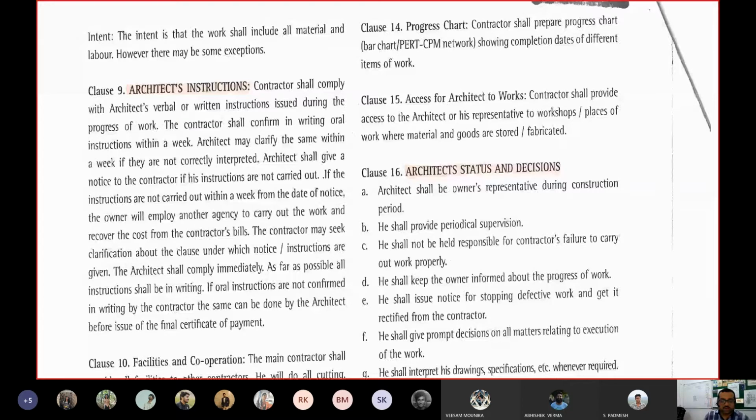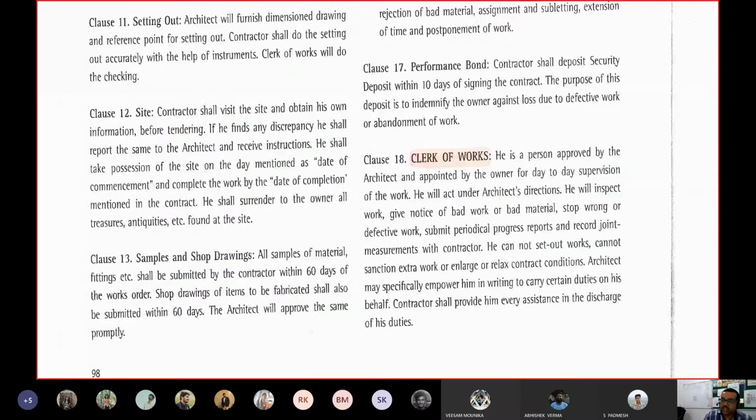From tomorrow to a maximum of 60 days, the contractor will bring sample material from the stores and get it vetted by me. I will say, okay, this is a sample, and it passes the necessary test at the site or in the laboratory. So if these materials are used, it is good for construction.